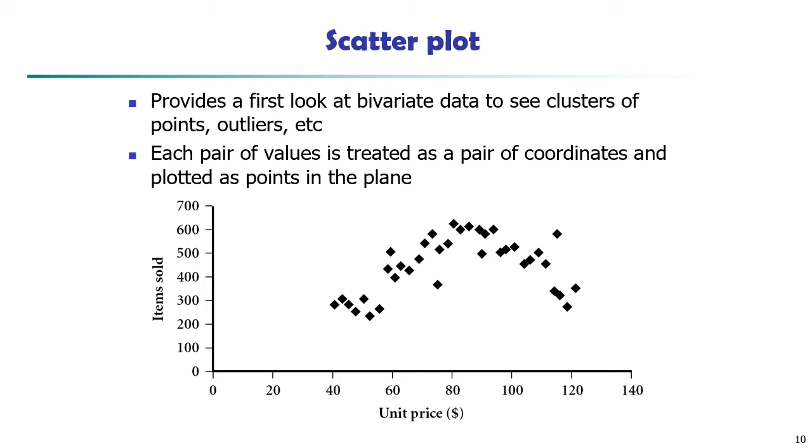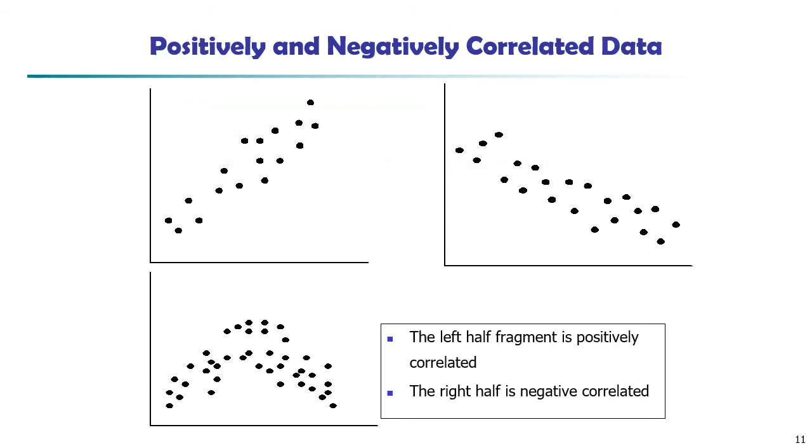So basically these are mapped as points, and we'll be discussing the advantages of the scatter plot. Look at these scatter plots. What inference can you gather from these?